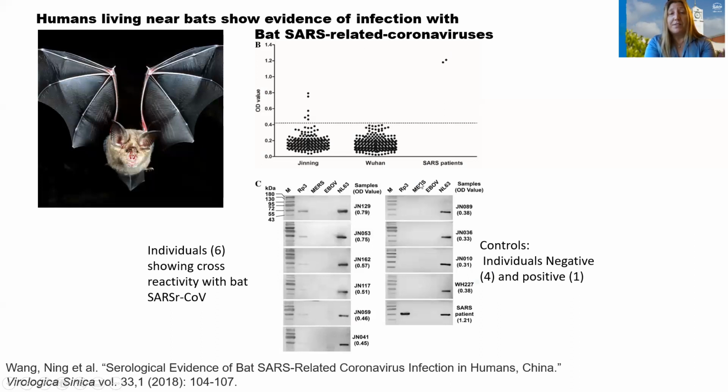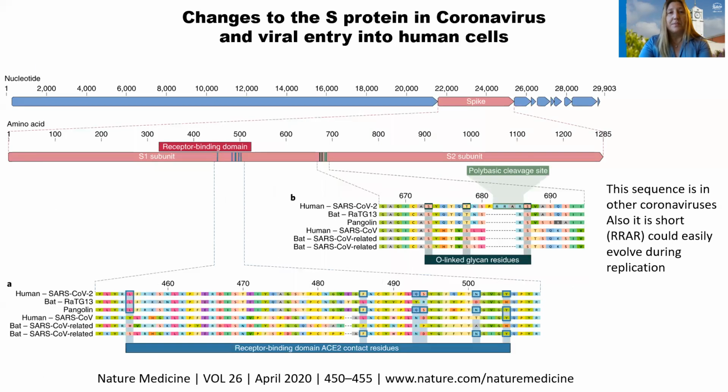Over here, we have controls of negative and 1 positive individual who had suffered SARS in 2002, that sample. And so it is possible that there was no intermediary for the SARS-CoV-2, similar to the 1918 influenza pandemic, which went straight from the reservoir birds to humans.